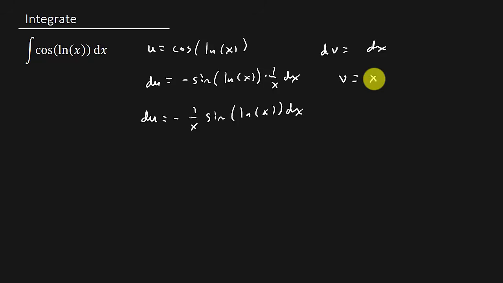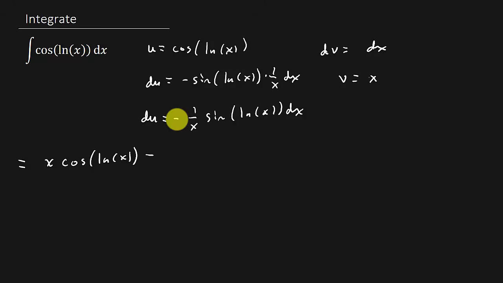All right, so now let's see what we get. We've got u times v, so that's x times cosine natural log x minus du times v.